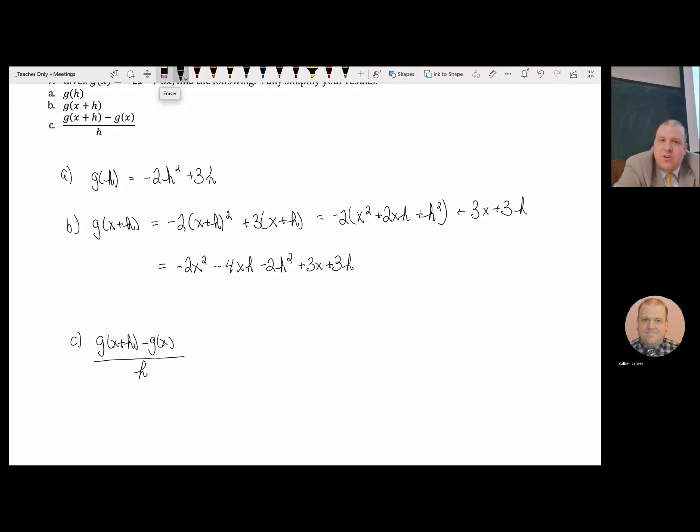Does anyone know what that's called? This is called the difference quotient. Difference quotients are very important.